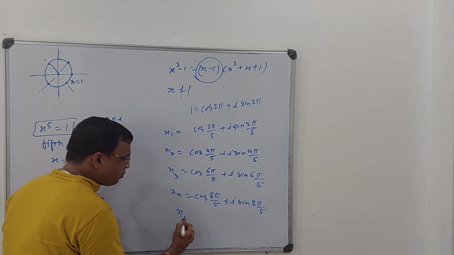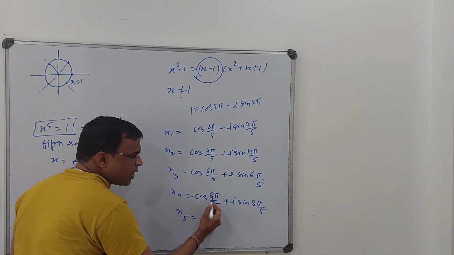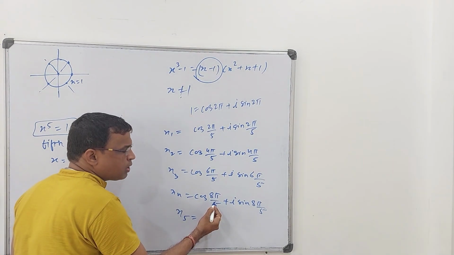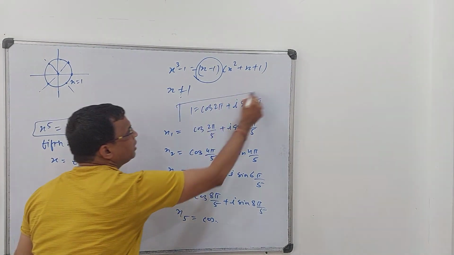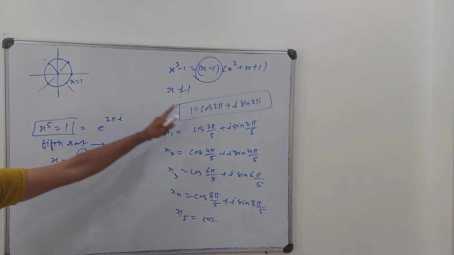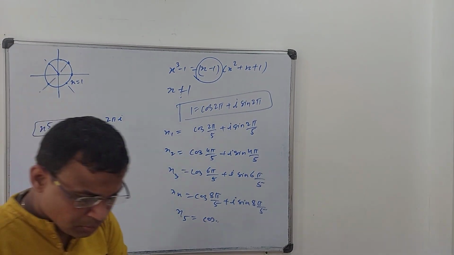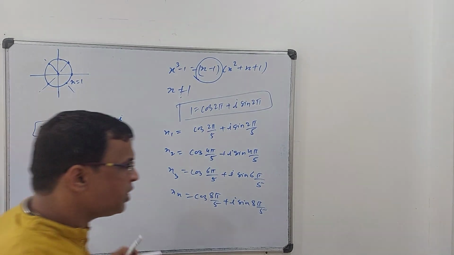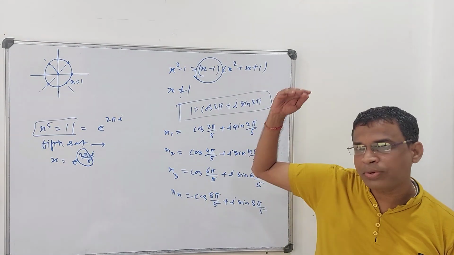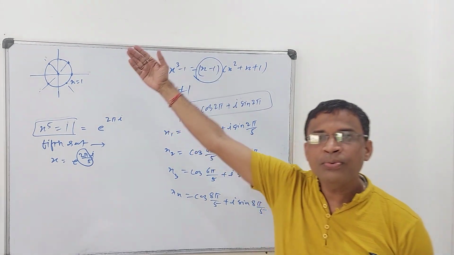And let me try the fifth one, cos 10 pi by 5. 10 by 5 is 2, cos 2 pi plus i sin 2 pi, this one. But this gives me solution 1 and we don't want 1. So we will not consider this one. So these are your 4 solutions, and believe me, it is same as the 4 solutions which we got in the first case.